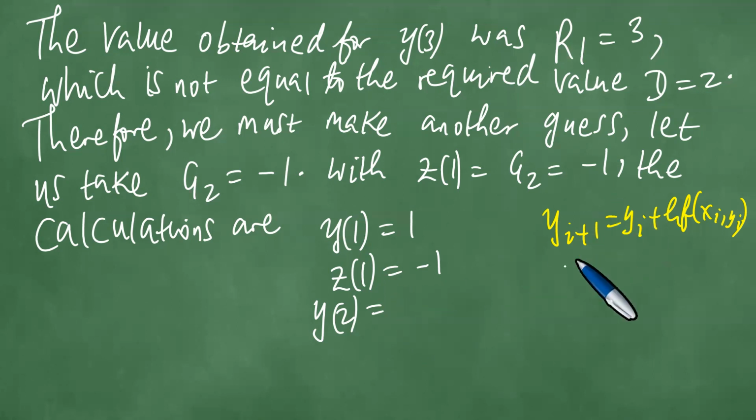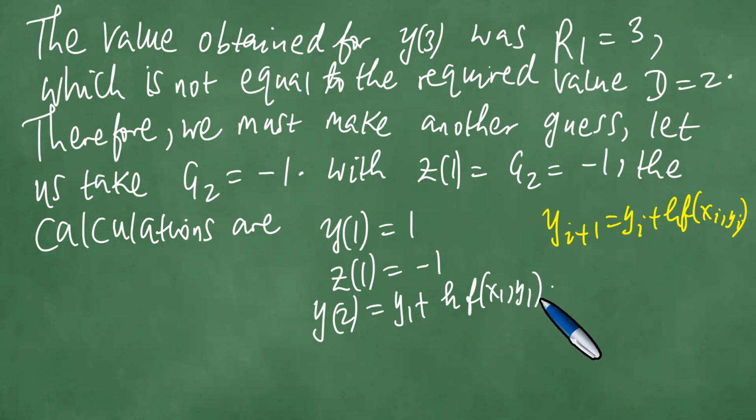Y2, according to this, is going to be Y1 plus h times f. What is Y1? 1. And then this f(x, y) is the slope of y. What is y primed of 1, of x1?